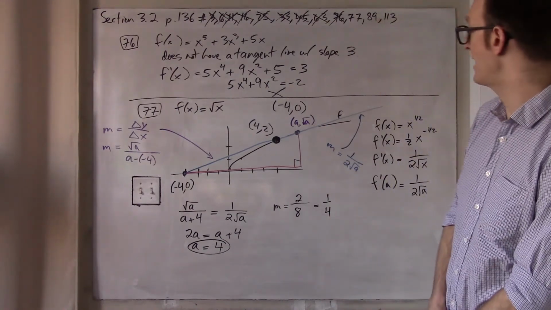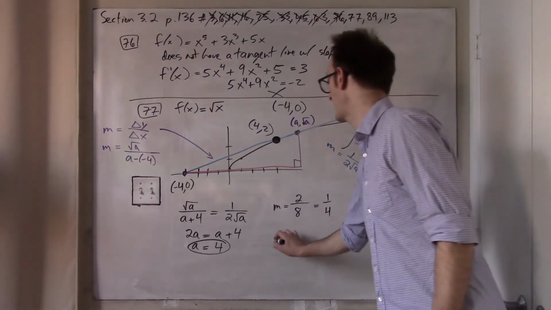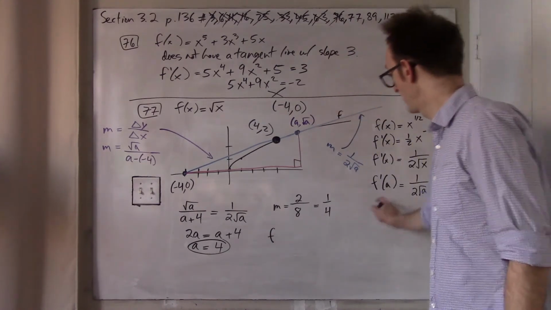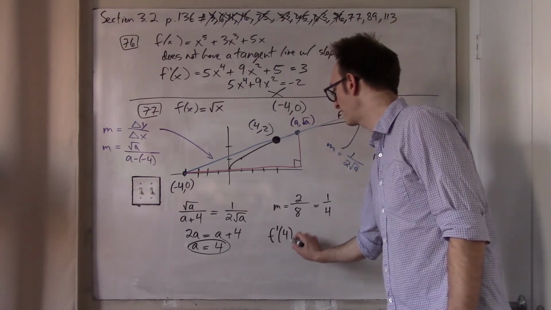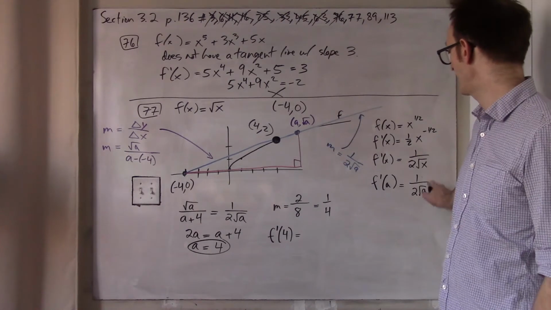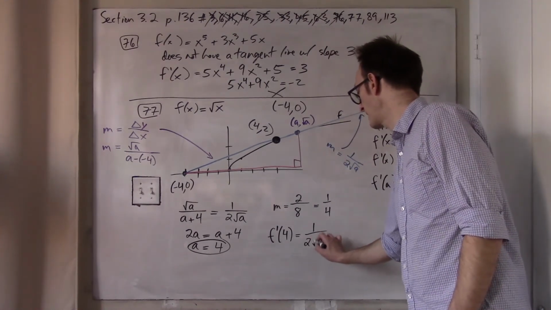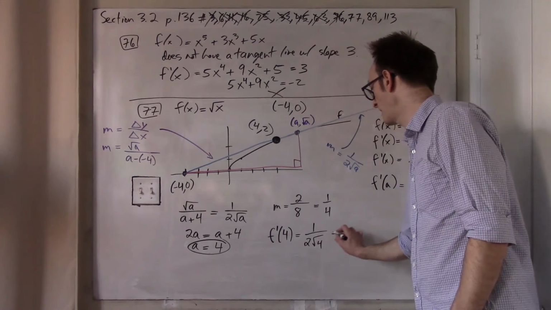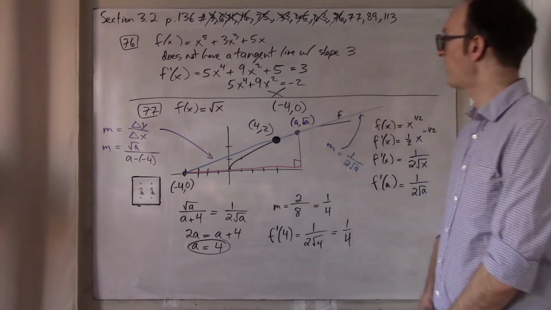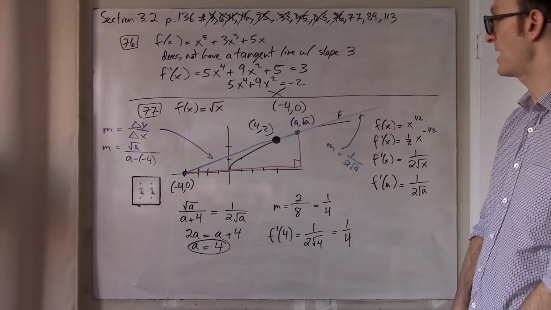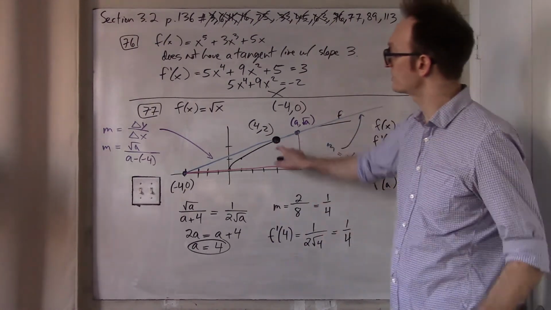But on the other hand, I can plug 4 into my formula for the derivative, and the answer is 1 over 2 times root 4. Well, that's also 1/4. So indeed, that is the right answer. That is the point of tangency of this line.